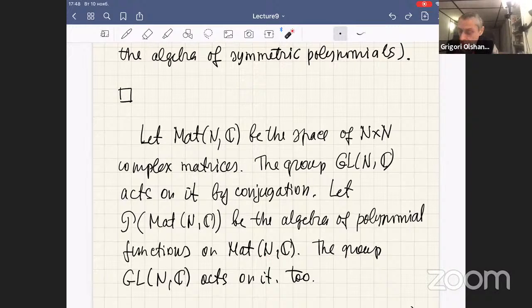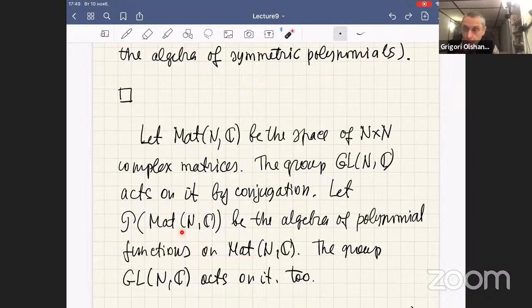And this is the most convenient way to deal with invariance. So we want to examine the invariance in this algebra, in the algebra of polynomials. Our group GL_N acts here, and by change of variables, it operates on the algebra of polynomials, and we are interested in the invariance of this action.